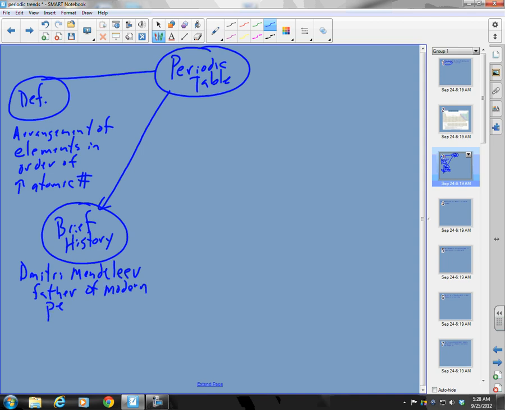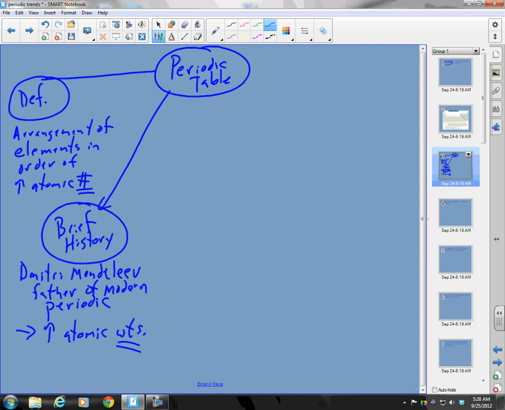Now, that's not exactly the periodic table that we use because he based his on increasing atomic weights. Ours now is based on increasing atomic numbers, so there's a slight difference. But by and large, the Mendeleev periodic table was the layout which led to our current periodic table.